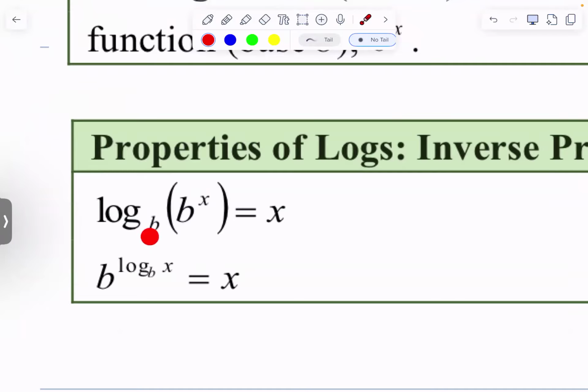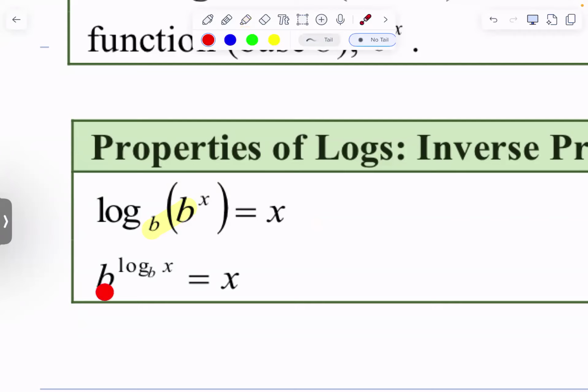The log base b of b to the power of x just cancels away, and you're left with x. Notice that these bases are the same, and the power is your x.